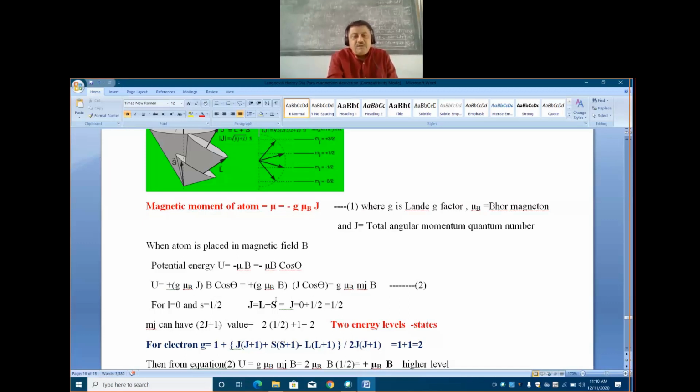So we have obtained J is equal to half. So it is 2 into half plus 1. Mj, 2J plus 1 is 2. So the mj can have two energy levels. That is, atom, when it is placed in external magnetic field, it is split up into two energy levels for condition when L is equal to 0, S is equal to half.